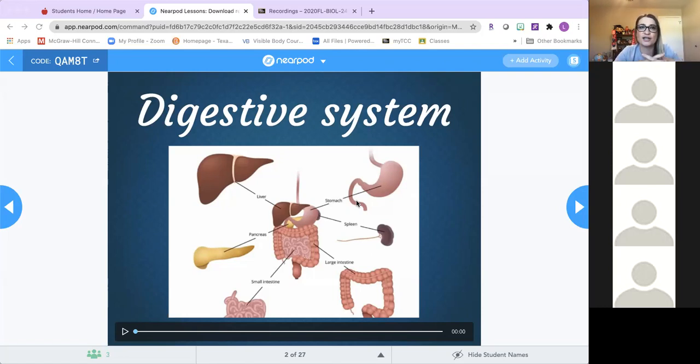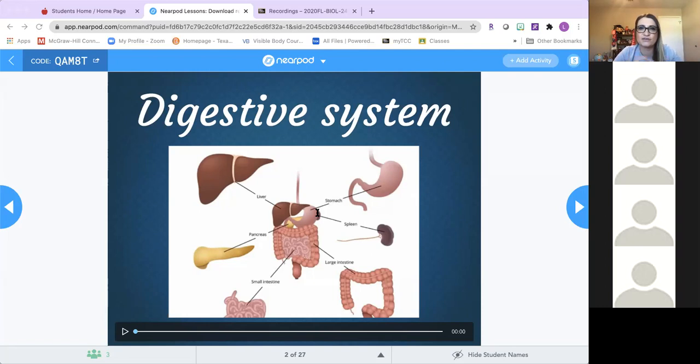Mechanical digestion involves the breaking down of large food particles into smaller ones. So when you're thinking about chewing, you're breaking down larger pieces of food into smaller ones, but you're actually not chemically breaking them down, right? It doesn't involve chemical breakdown of these molecules. So chemical versus mechanical digestion is what we will be looking at.